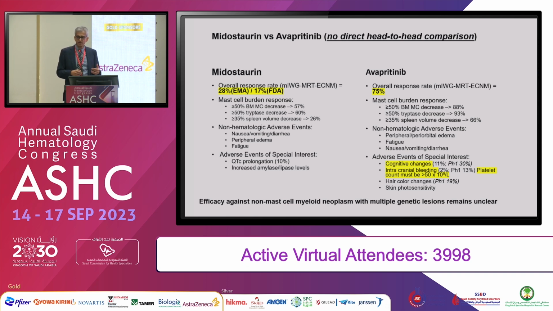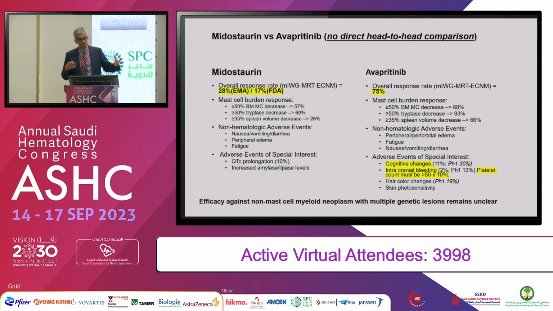So in an older patient, you really have to look out for cognitive changes, memory impairment, dizziness, sleep pattern changes, to even more severe cognitive effects. The other thing that was noted was this signal for intracranial bleeding. So the FDA label says that avapritinib is not recommended to treat patients who have a platelet count less than 50,000.